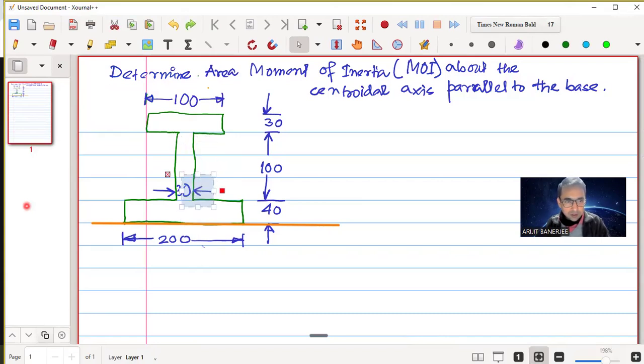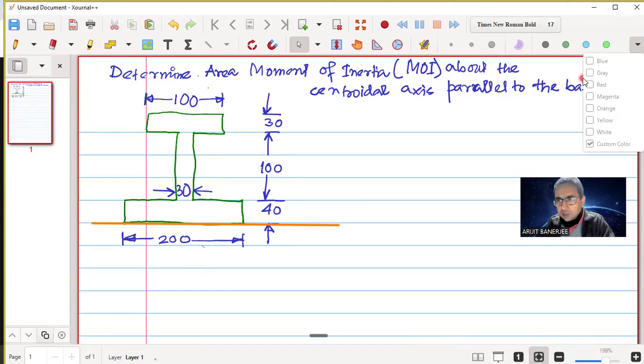Next, we will see for which objects we know the centroid. So here, first let us identify those parts for which we know the centroid.